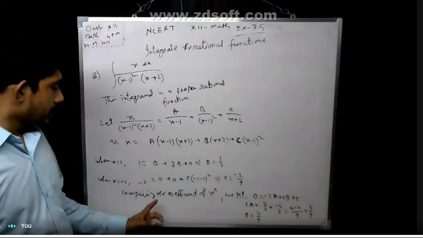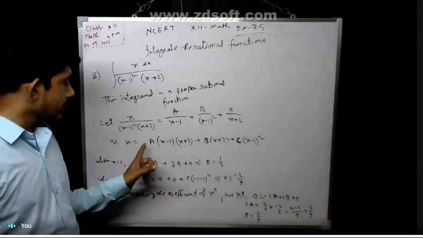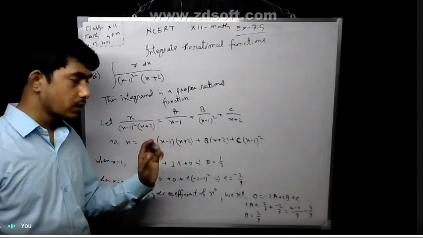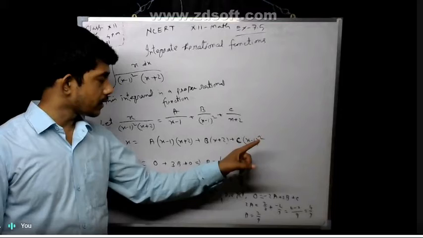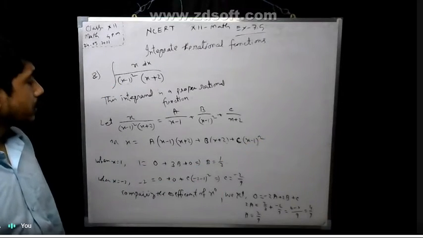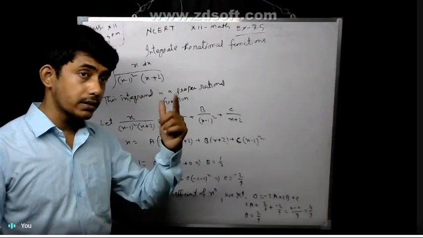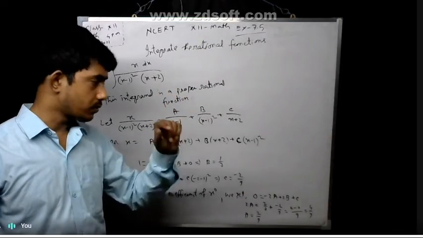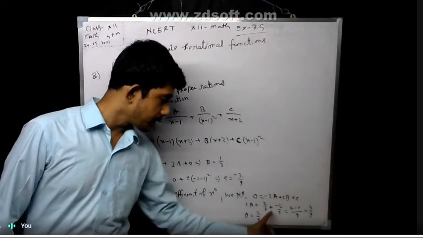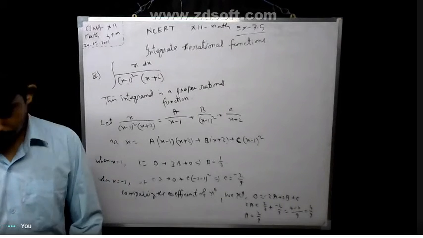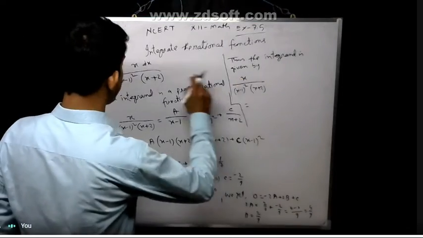So comparing the coefficient of x to the power 0, here x to the power 0 is not there, that's why 0 equal to, without x, minus 1 into 2, minus 2A, here 2B, so plus 2B, and here x square plus 2 minus 2x plus 1, so plus 1 is the coefficient of x to the power 0, so C into 1, plus C. So we got the value of B and C. Put the value of B and C, then we can get the value of A equal to 2 by 9.